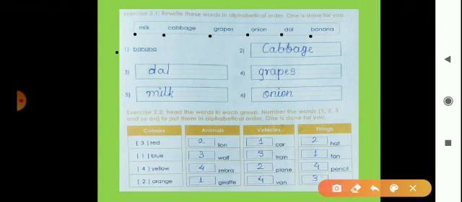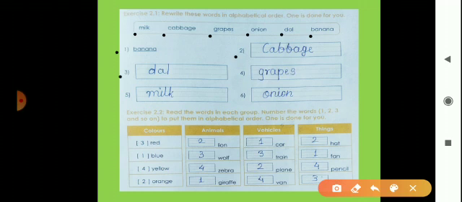Okay, and the remaining are D, O, G, C, M. So out of these letters C comes first in the alphabet. So write cabbage. Okay, after that the remaining letters are M, G, O, D. So out of M, G, O, D, the letter D comes first in the alphabet.